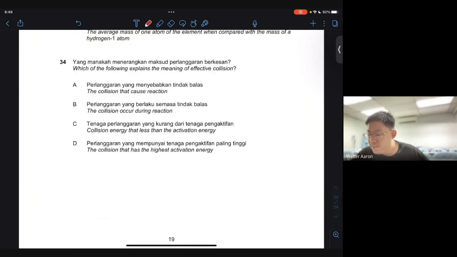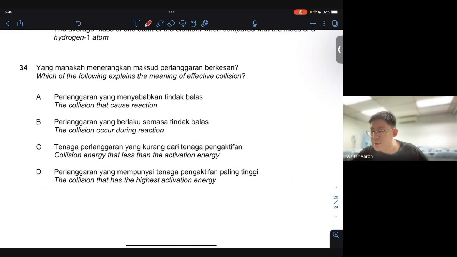34, which of the following explains the meaning of effective collision? Effective collisions are collisions that end up with the products being formed. So the best answer here for number 34 will technically be A. You see here the collision that causes a reaction. That's the main idea. Once you have a successful collision or effective collision, then you have more products. The effective collision is part of your rate of reaction.